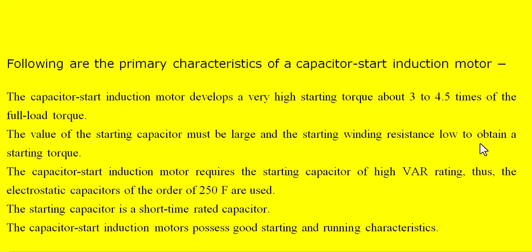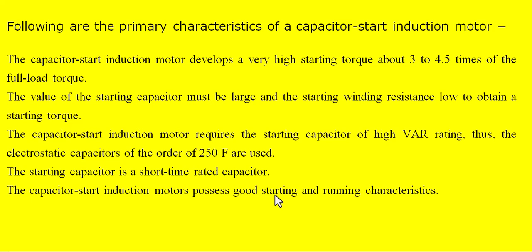And the starting winding resistance is low to obtain a starting torque. To get the high starting torque, we need a large capacitor, that is 250 farads, and a short time rating of the capacitor is needed for starting this motor.